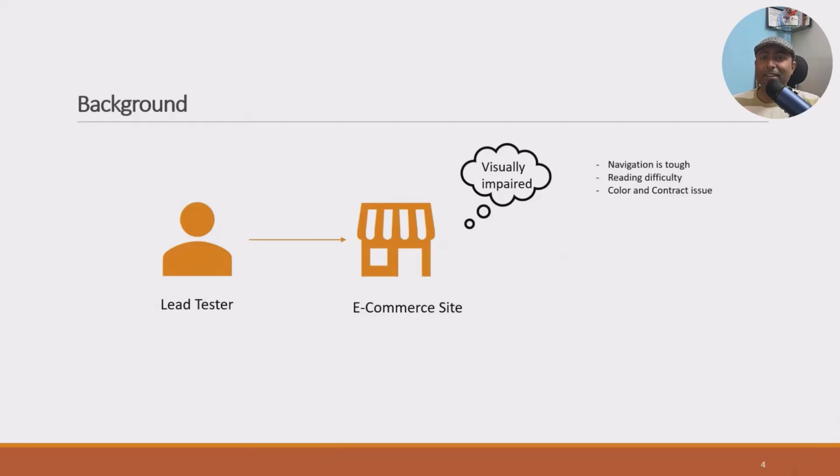That's the main reason the lead tester of company ABC wanted to target those additional 2.5 billion users. And that's where accessibility testing comes into the picture, where the lead tester will perform all the visually impaired related testing, where they can target the additional 2.5 billion users, which is a very big number.